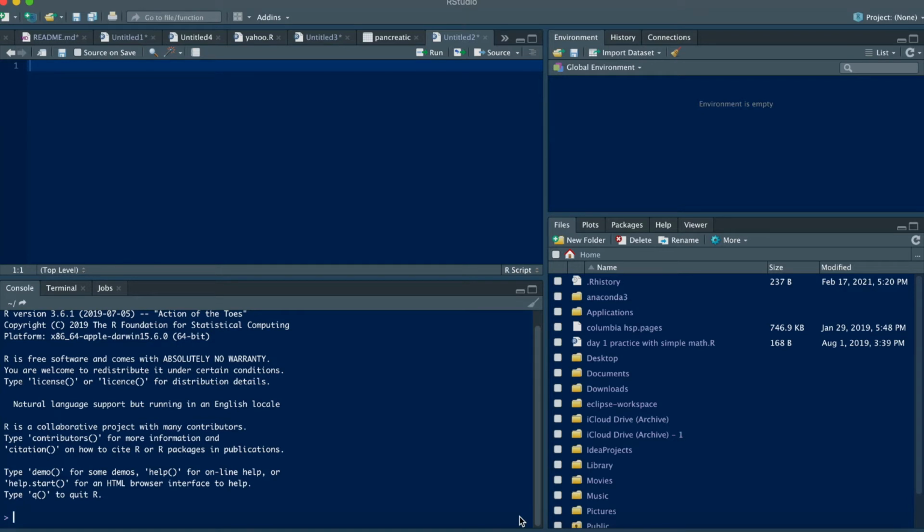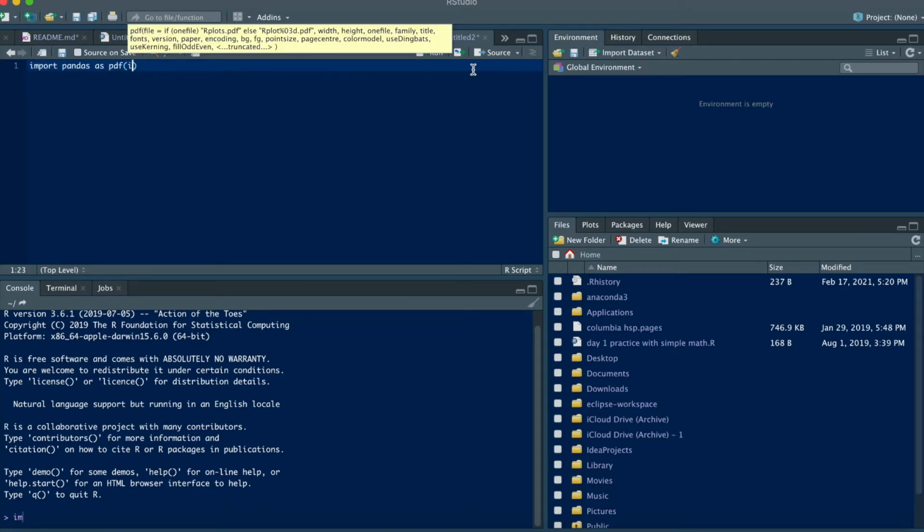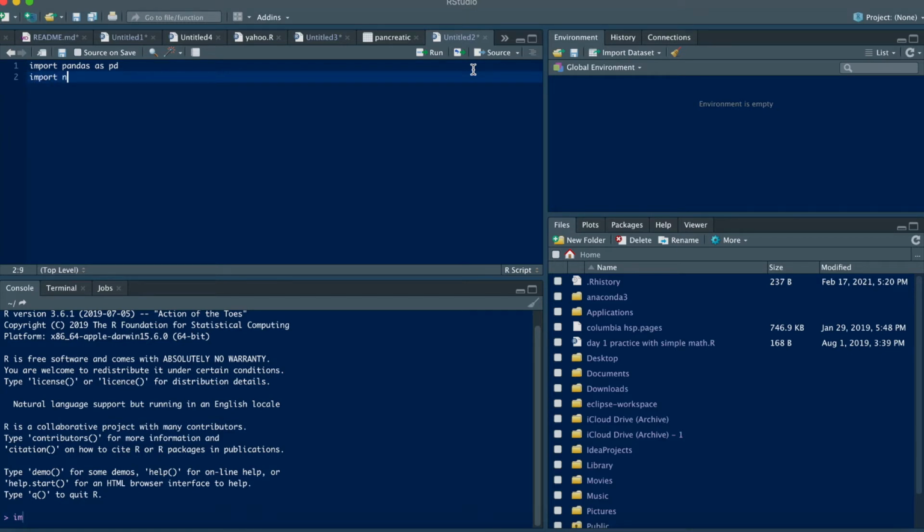So to start the code, we have to import a few things. Let's just go in here and get started. We're going to write import pandas as pd, import numpy as np, from datetime import datetime, and then import matplotlib.